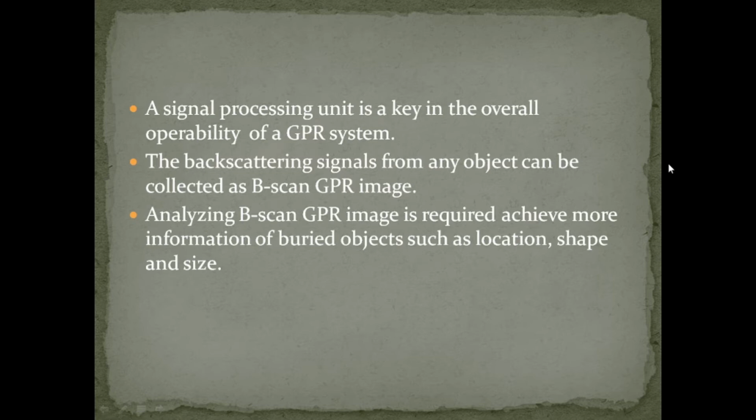We can identify buried metallic landmines for military duty by interpreting the backscattering signal. We have already discussed this before. By means of the backscattering signal, we can conclude which type of material it is, and how much size or quantity, through signal processing techniques.